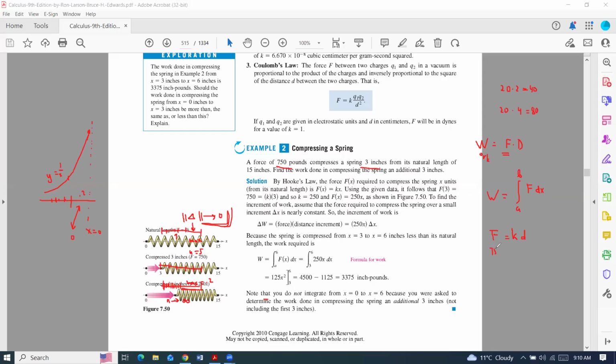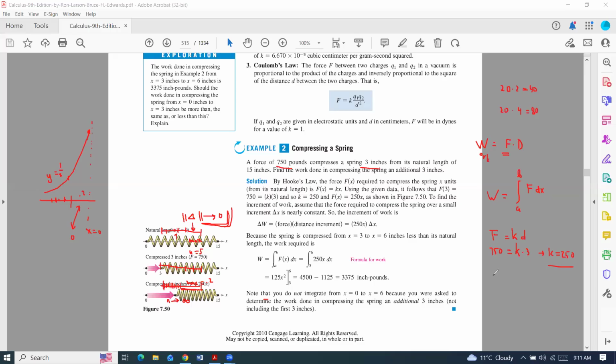The coefficient is K, a coefficient that stays constant, some particular constant K, and we put 3 instead of d, and that way we can see that the constant should be 250, right? 3 times 250 is 750.